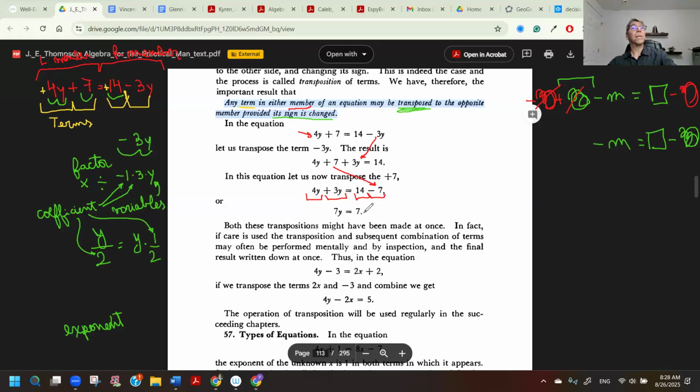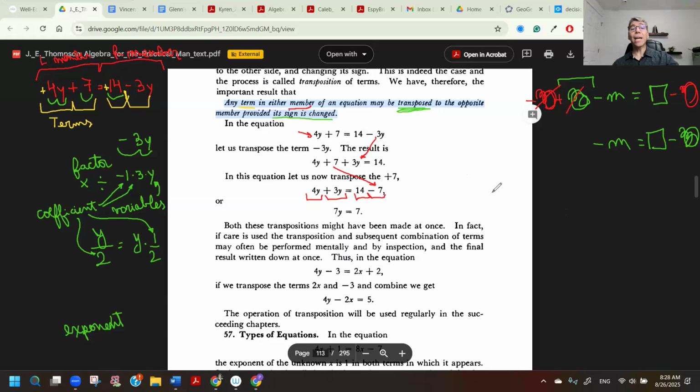All right. So now the other operation that we can do, and is also very important, is how do we transpose factors from one member.